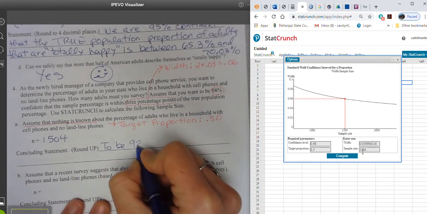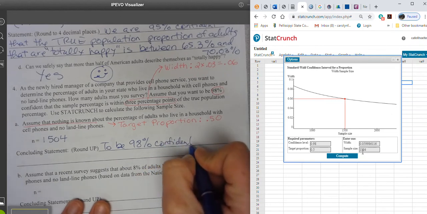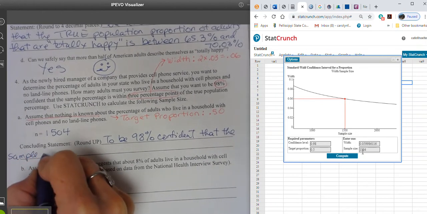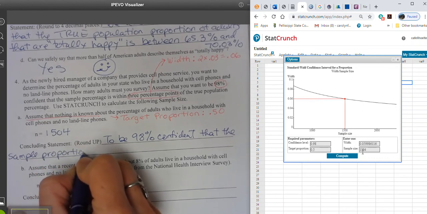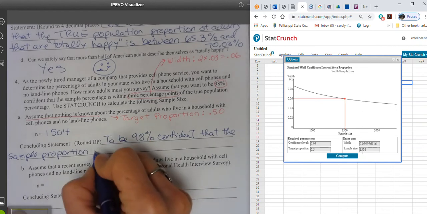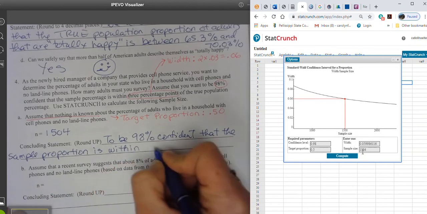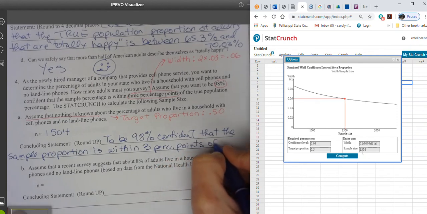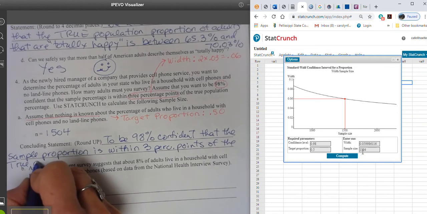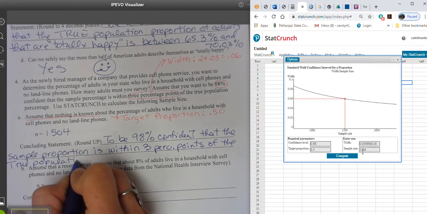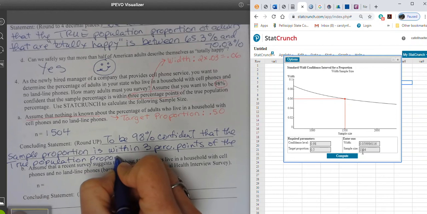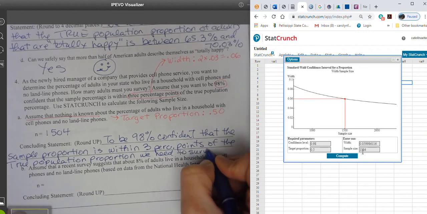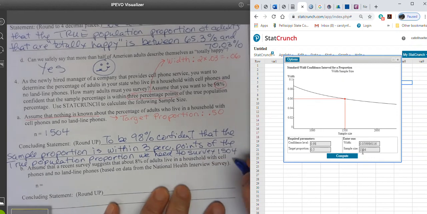To be 98% confident that the sample proportion of adults that have a cell phone with no landline is within 3 percentage points of the true population proportion, we need to survey 1,504 households.